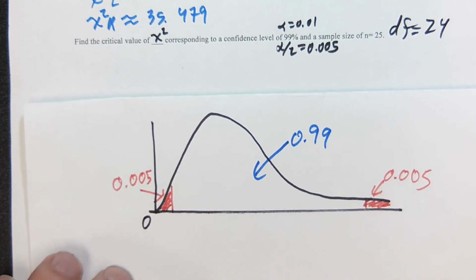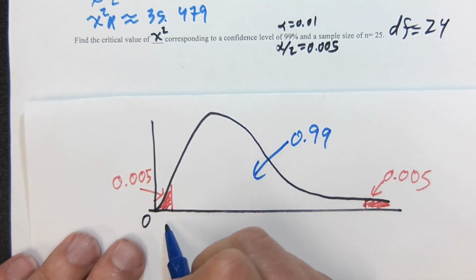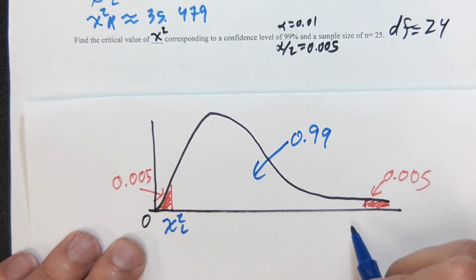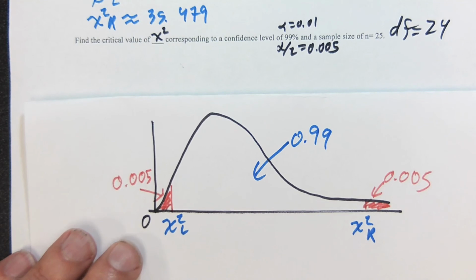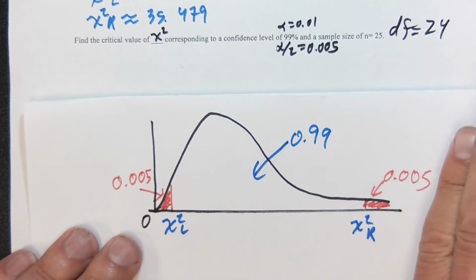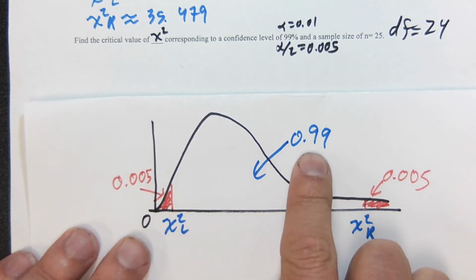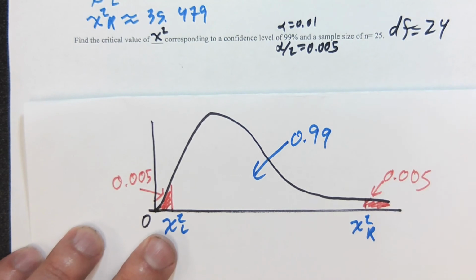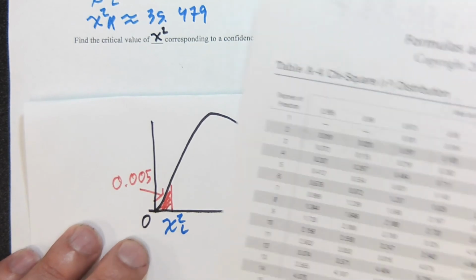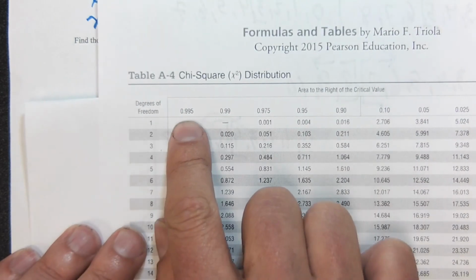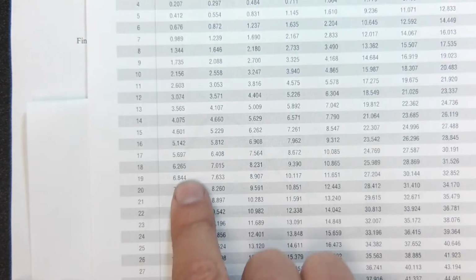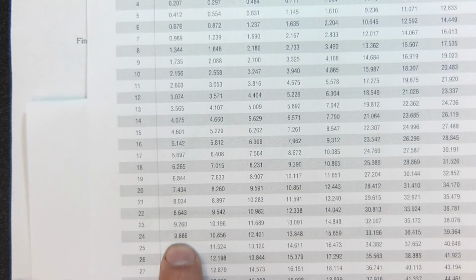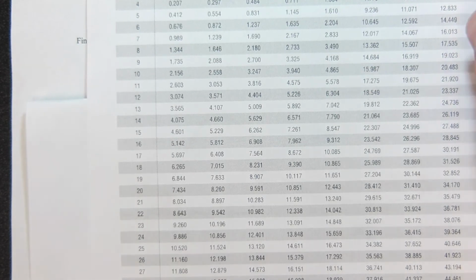So here we have chi-squared left, chi-squared right. Once again, I'm going to go to the table. Area to the right here is going to be 0.995. Degrees of freedom is 24 in this case. So 0.995 is right there. Go down to the degrees of freedom, 24. 9.886.